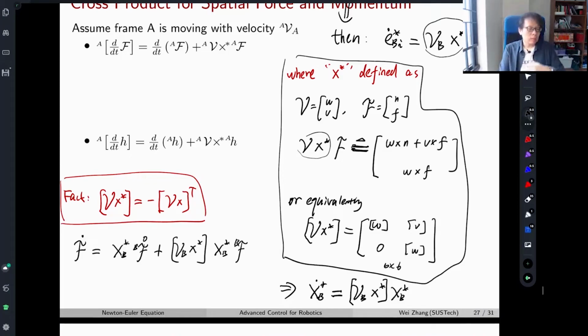So that's almost like a coordinate-free way of representing the change of force.